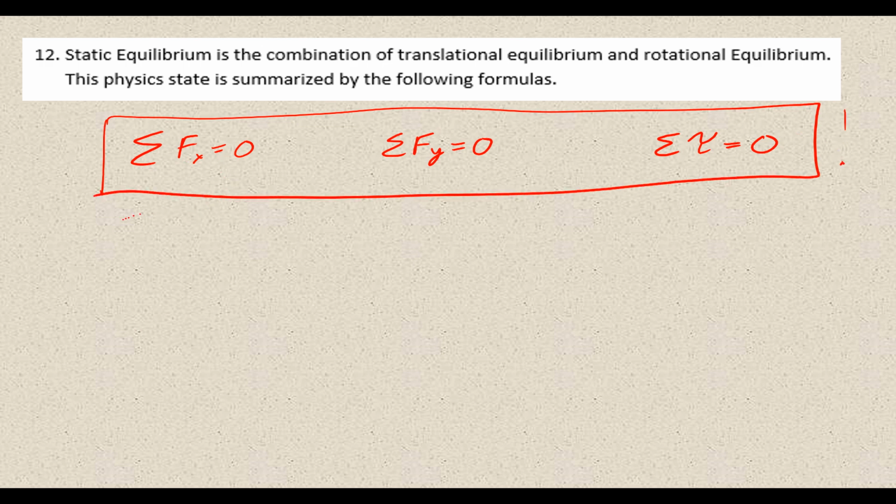But under each of these, this will be the forces left equals the forces right. This is the forces up equals the forces down. And that means the torque counterclockwise is equal to the torque clockwise. So each of those I've given is the next step in any static equilibrium question.